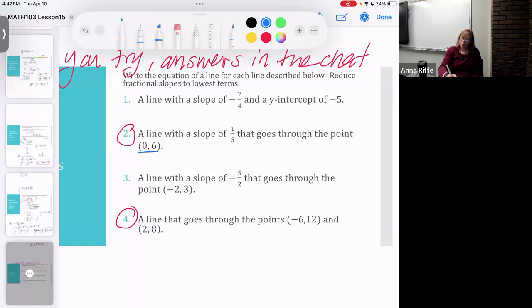Thing we can note about this first one is the 0.06 is on the y-axis. It's right here. So this is technically the y-intercept. I have my m, I have b. So for number 2, you get the equation y is equal to 1/5 x plus 6.